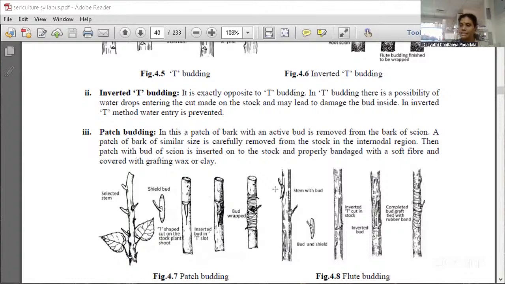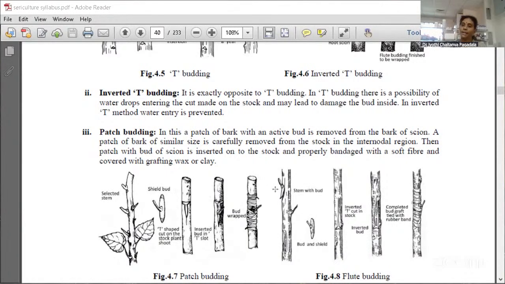These are the precautions. And when coming to propagation through layering, there is a process called layering for the propagation. What is that? It is a process of development of roots on a stem while it is still attached to the parent plant.